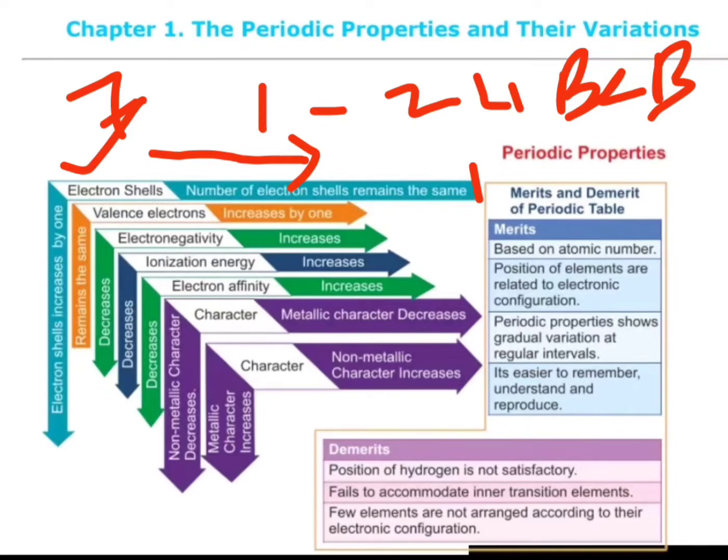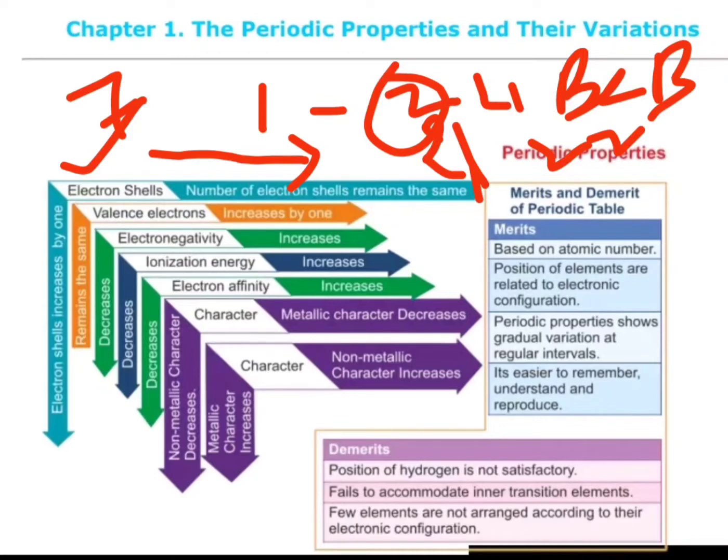All these elements have electrons in the second cell. The configuration of lithium is 2, 1. Beryllium is 2, 2. Boron is 2, 3. Then 2, 4; 2, 5; 2, 6; 2, 7; and 2, 8. So from lithium to neon, the number of electrons increases in the same cell.